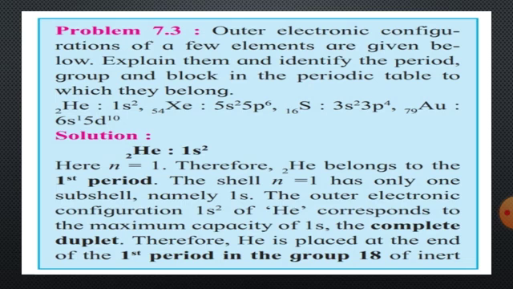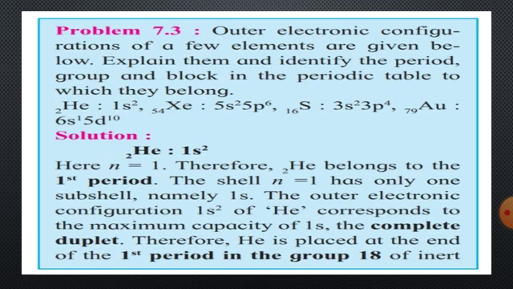Helium, 1s2. He, that is your helium. Its atomic number is 2. Its electronic configuration is 1s2. Here n, that is the number of the shell, is 1. Therefore helium belongs to the first period.